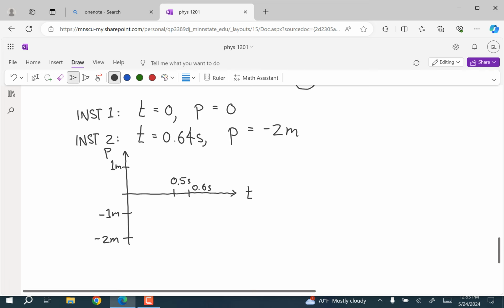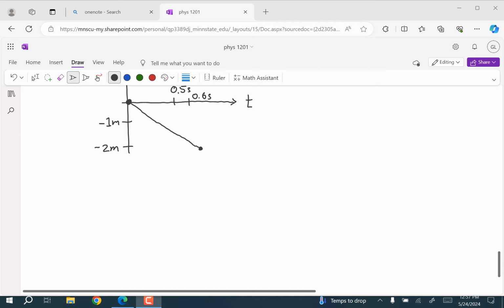And so our first instant is going to be this point on the graph. And our second instant is going to be at time 0.64, position negative 2, something like that. And we can connect these. It turns out if you drop something, it's not going to be a straight line like that. We'll talk about that later. But for now, this is a perfectly good position versus time graph of that motion.